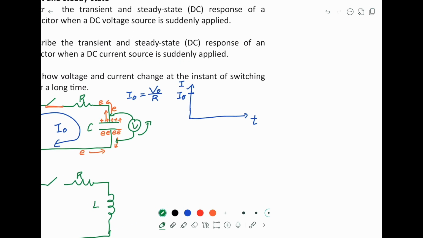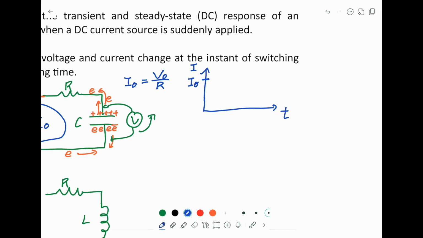And so the current will drop because there's an opposite potential build up, opposing further electrons coming or accumulating across the capacitor. Usually we'll say when the time is larger than 5 RC, this will roughly equal 0.